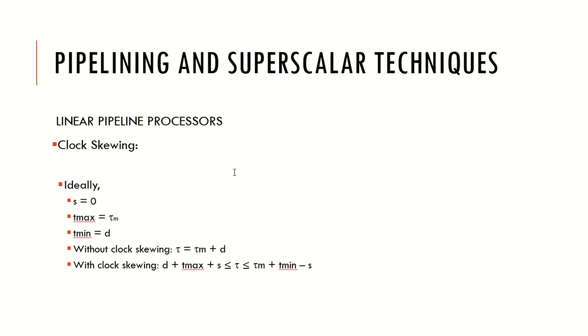This is in the case where you actually have an offset. If you don't have an offset, then tau is equal to tau m plus D.